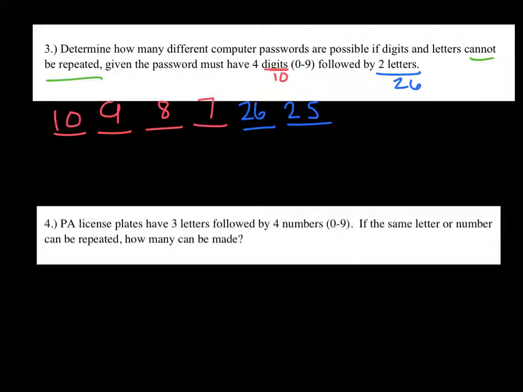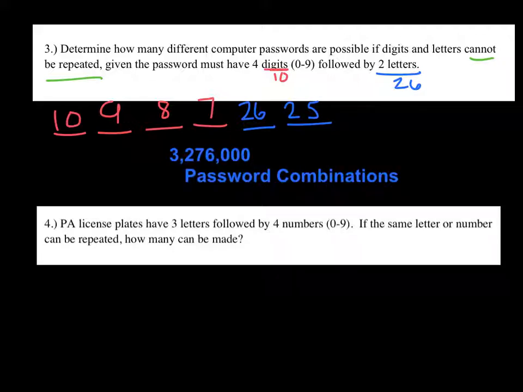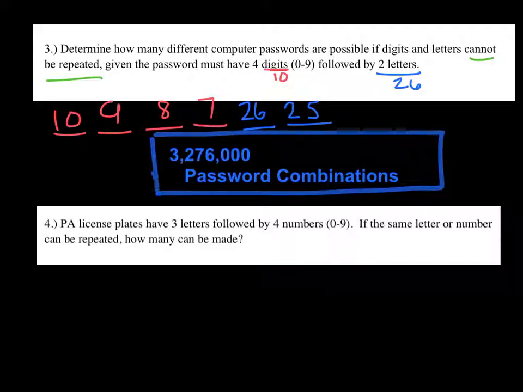So all you do is multiply it together, and you get 3,276,000 possible password combinations. So again, pay attention to if you can or can't repeat things, and think about what you're being allowed to use from.